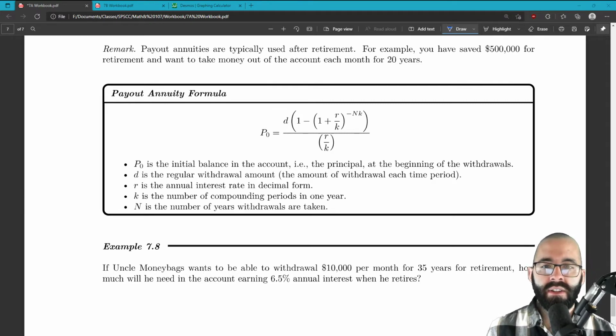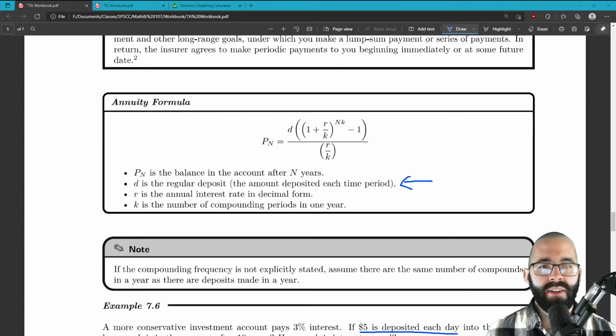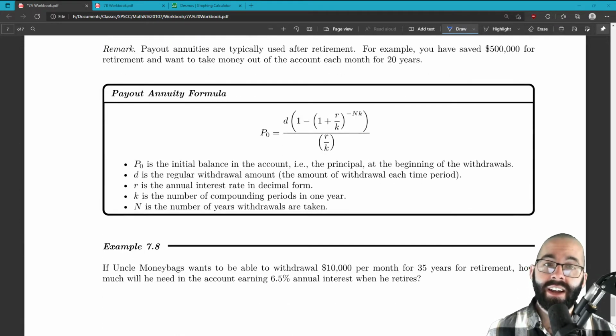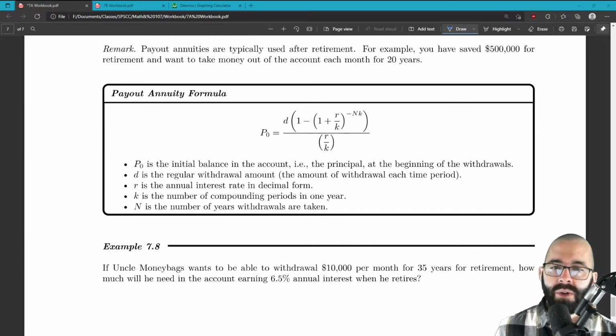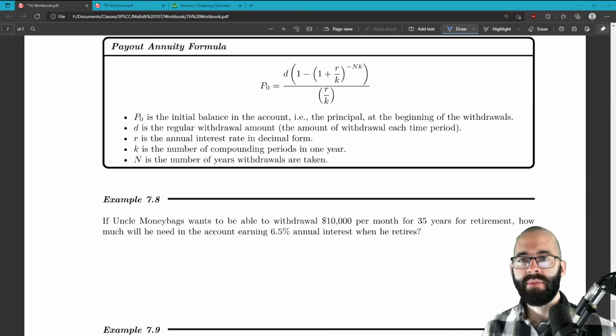All the letters mean the same things as before, but now we have a 1 minus instead of a 1 plus. I don't remember the formula off the top of my head, but we used to have a something minus 1, and now we have a 1 minus something. We also have a negative in our exponent now. So let's do 2 examples and then move on to the homework video.